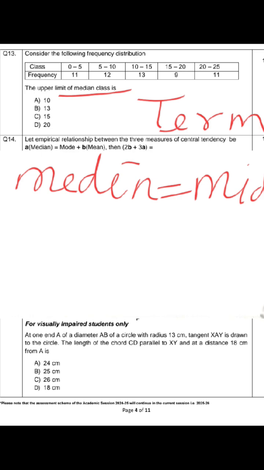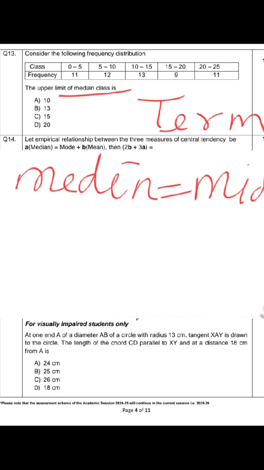First you add all the frequencies. 11 plus 12 plus 13. 13 plus 12 is 25. 11 plus 9, how much? It is 20. So 20 plus 25.